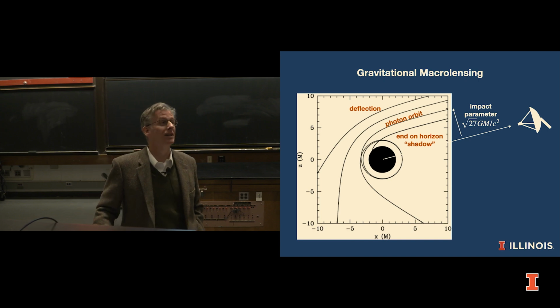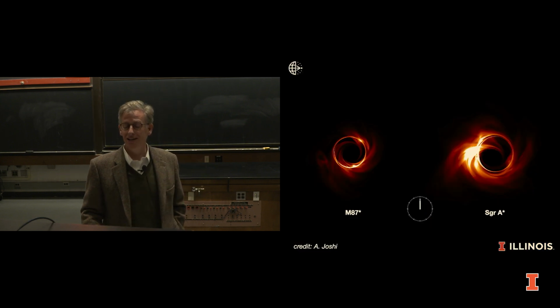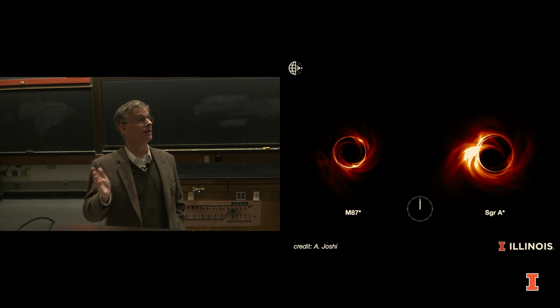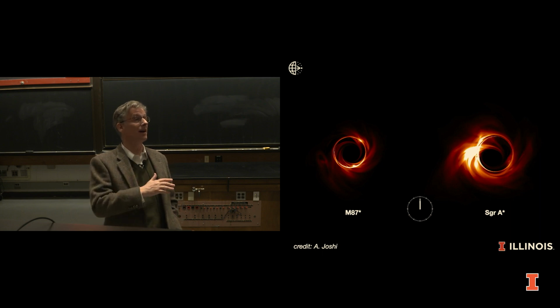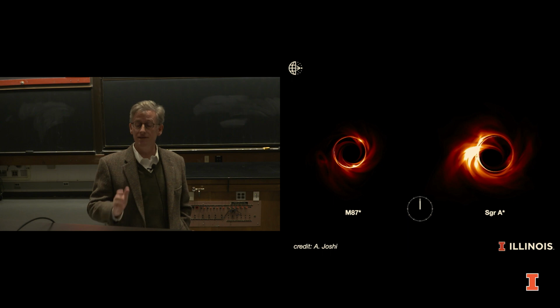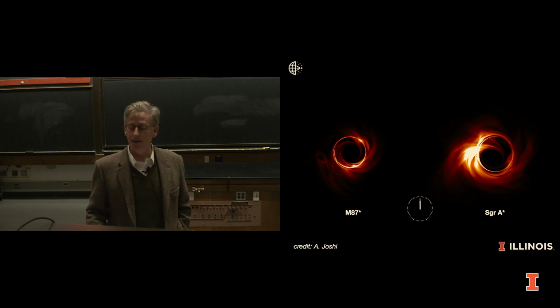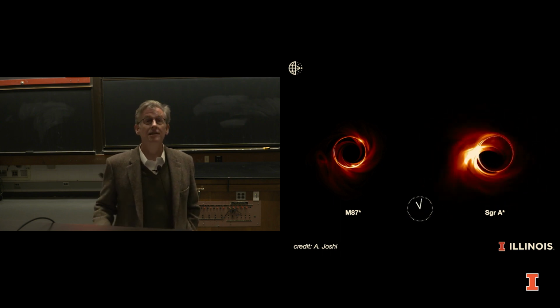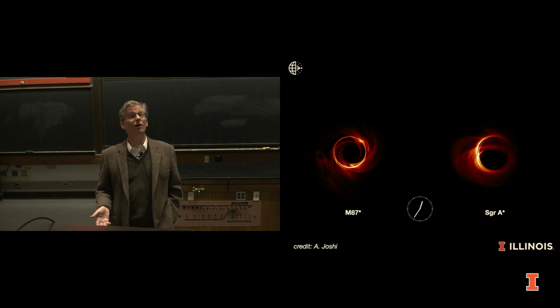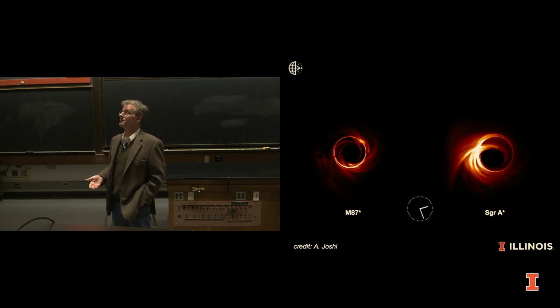All right, so what we do actually is create state-of-the-art simulations. And I'll show you some of our simulations of M87 on the left and of the center of our galaxy on the right. You can see that they're evolving at very, very different rates.